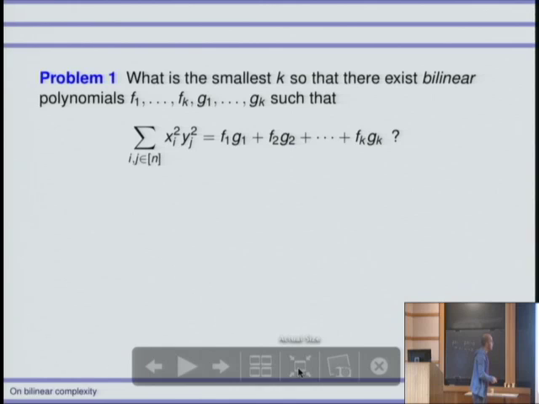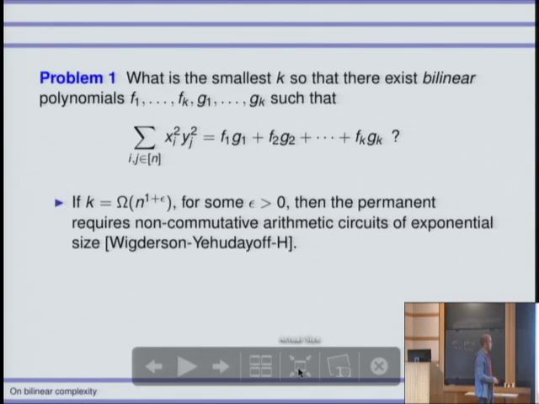And in this case, the motivation for studying the modified version of this problem is the following. That's a work that we did with Avi and Amir again a long time ago here in Princeton. That is, if you can prove a superlinear lower bound on this modified version of the sum of squares problem, then you get exponential circuit lower bounds for non-commutative arithmetic circuits computing the permanent.